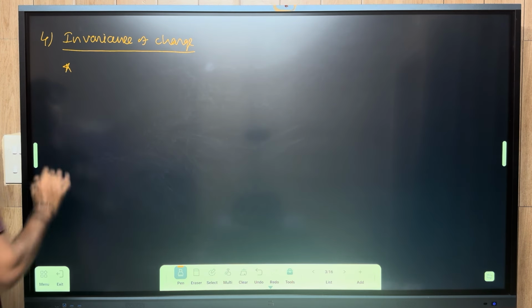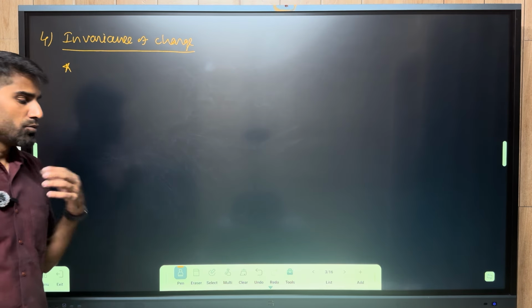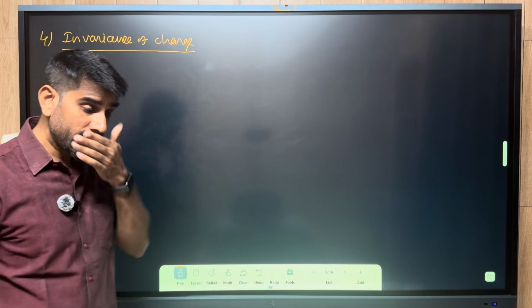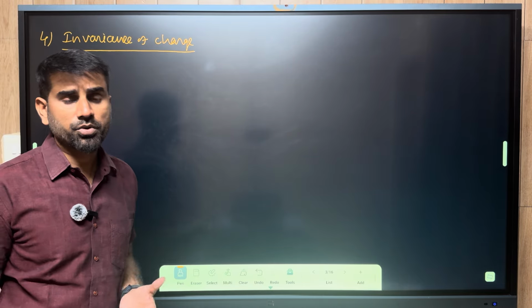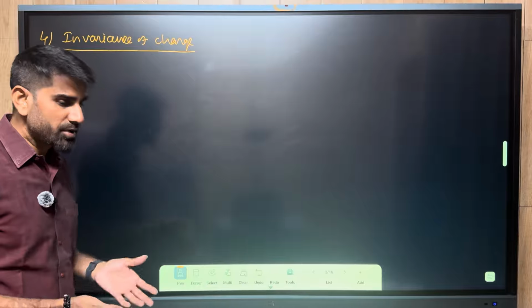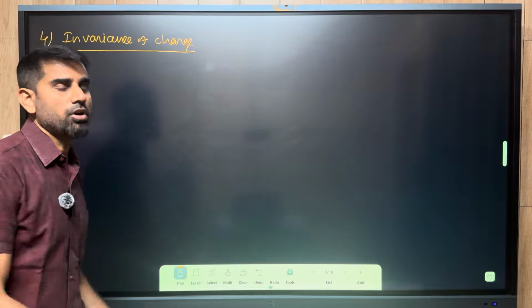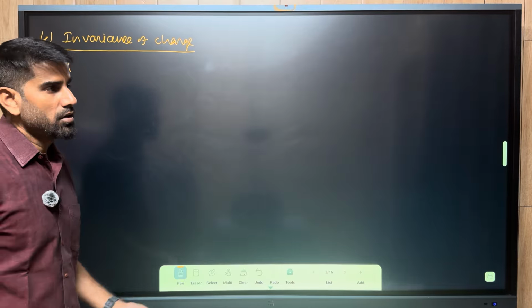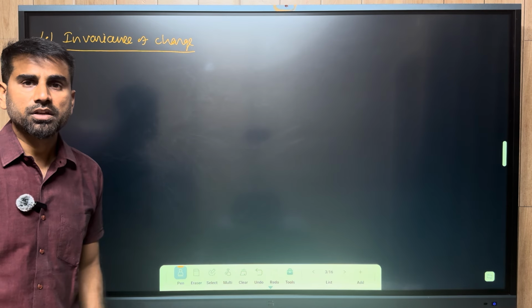First thing is, charge does not change with medium. If you measure the charge, let's say you have measured the charge of an electron, which is minus 1.6 times 10 to the minus 19 coulombs, and this charge has been taken into some other space or water or oil or any medium, the charge of the electron will remain same. It is independent of the medium.